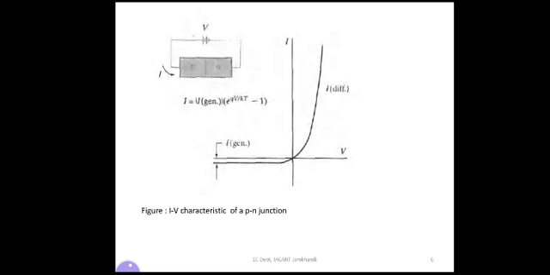Since the equilibrium diffusion current is equal in magnitude to magnitude of I gen, the diffusion current with applied bias is simply magnitude of I gen times exponential of qV by kT. So the total current I is then diffusion current minus the absolute value of the generation current. We refer to this as I naught.